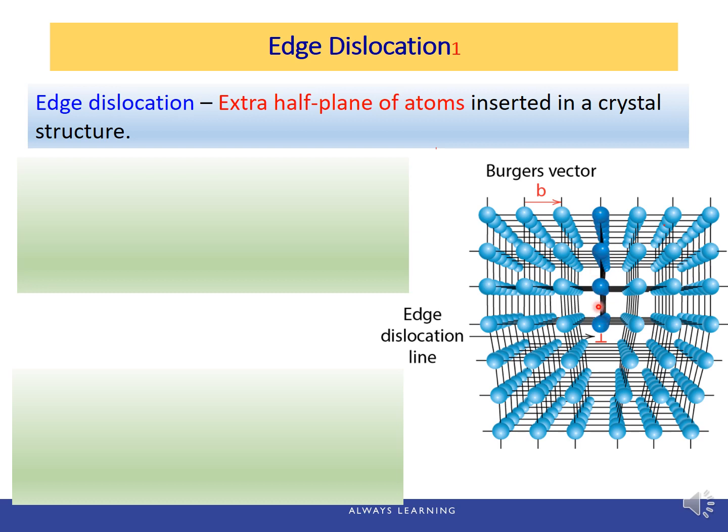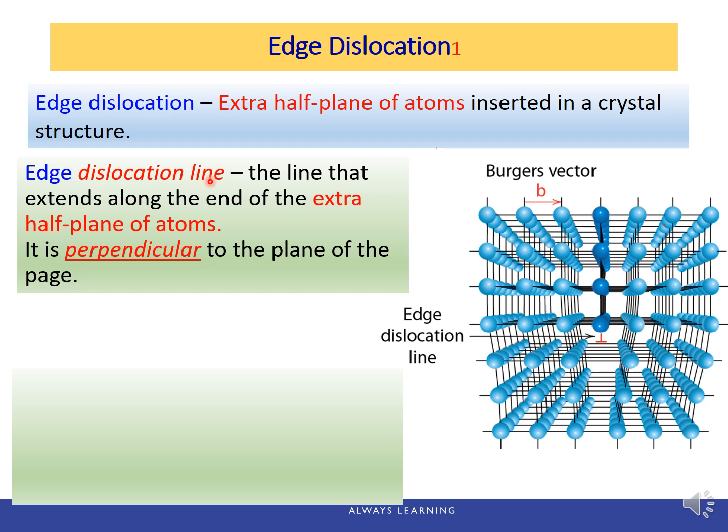So again, this half plane of atoms stops here within the crystal structure, and we use the edge dislocation line to represent the location of this dislocation. This edge dislocation line extends along the end of the extra half plane of atoms.